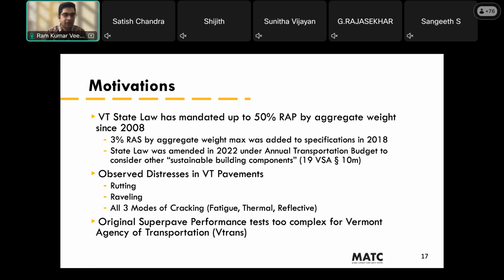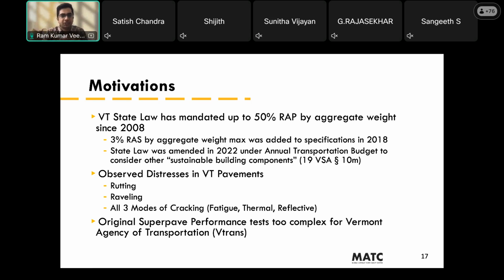Though the state allows up to 50%, they were limited to using only 20% RAP because of the grade bumping of the binder that's being used. And the other one was that 3% RAS by aggregate weight was added into the Vermont specification.